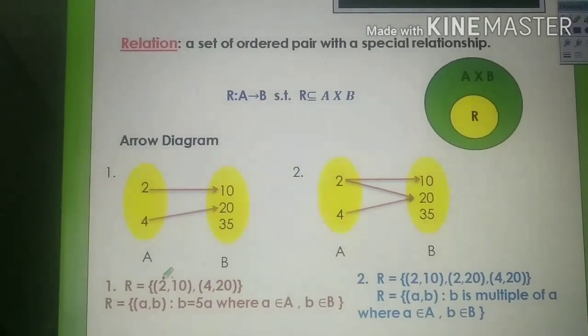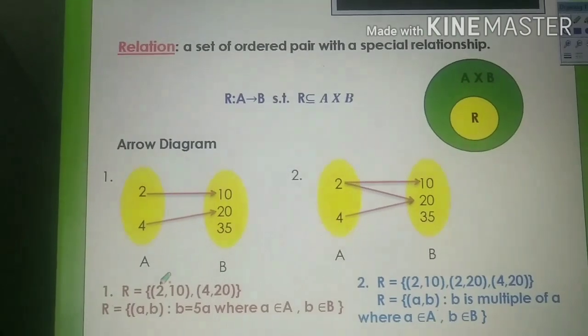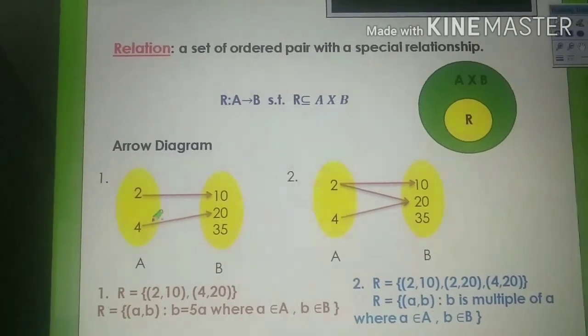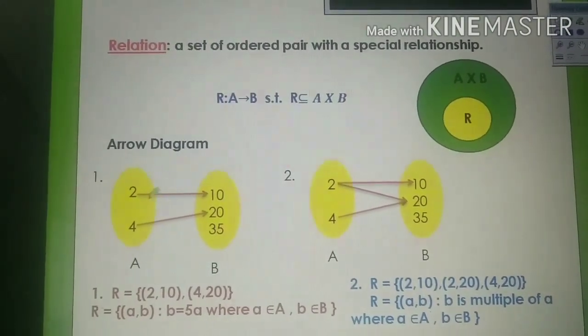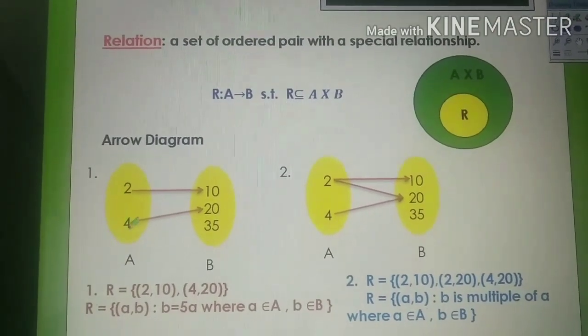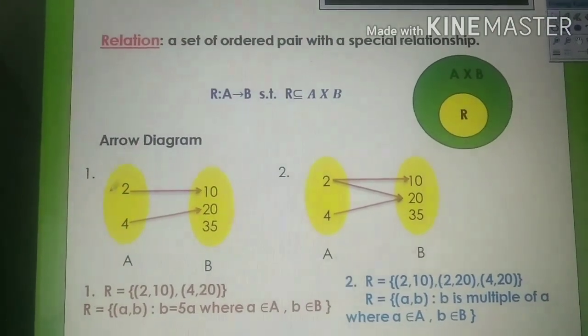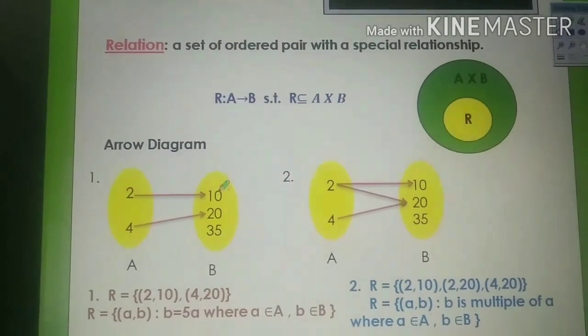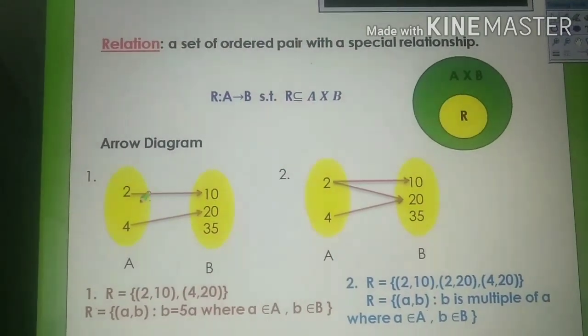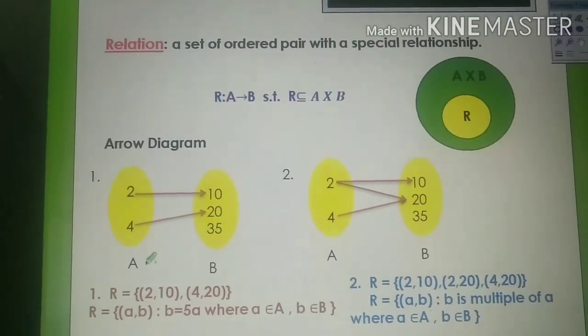So relation also has some domain and range. The elements of set A having a relationship with the elements of set B will give us the domain.